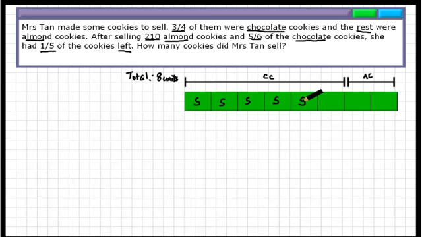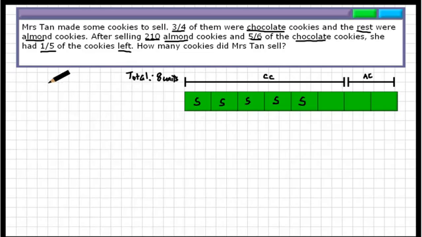We are also told that 210 almond cookies were sold, but since we do not know how much of the 210 would be in the 2 units of almond cookies here, we will first find the portion for unsold cookies.